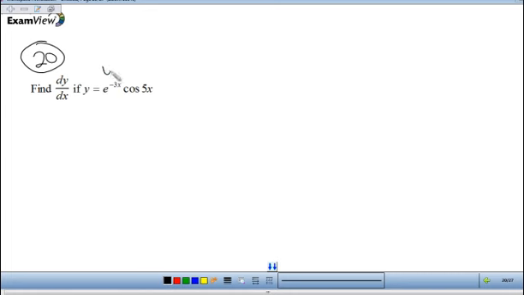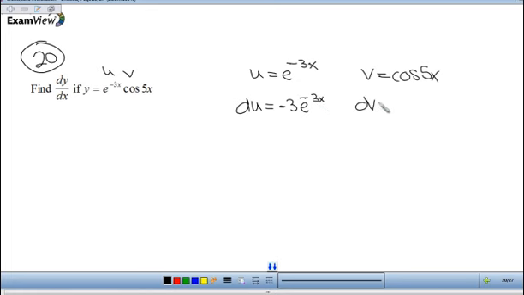Okay, so I'm going to use the product rule to find the derivative. The derivative of u is negative 3 e to the negative 3x. The derivative of v is negative sine of 5x times the derivative of the inside.